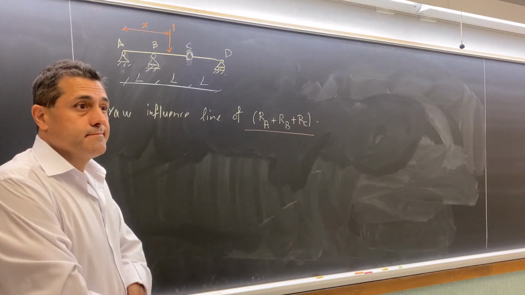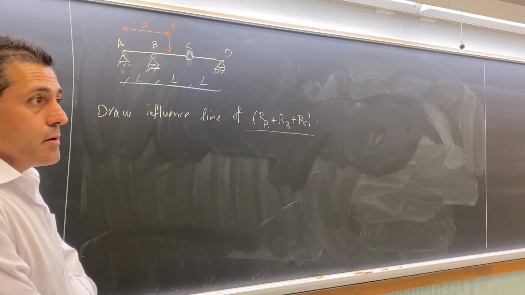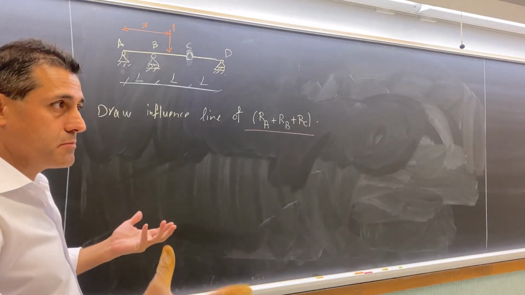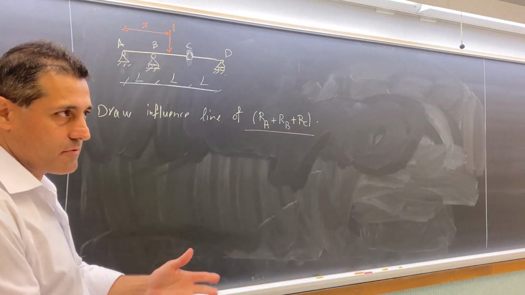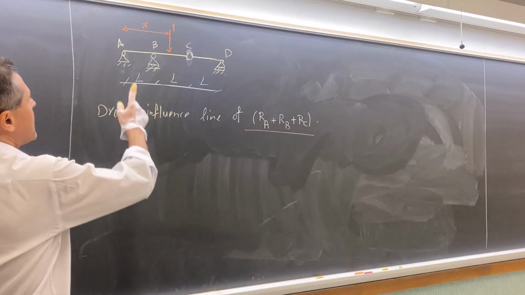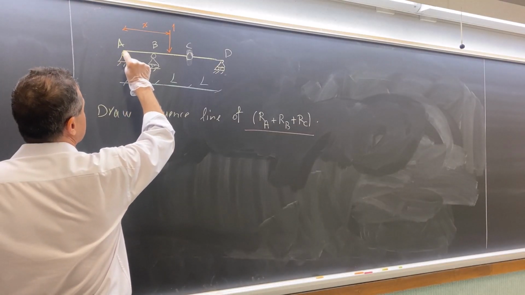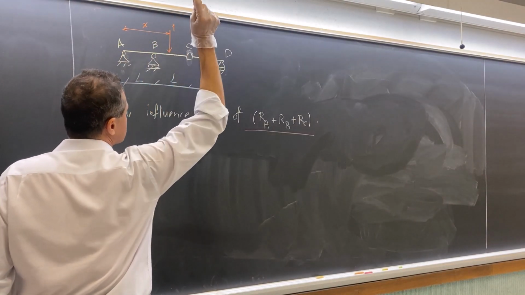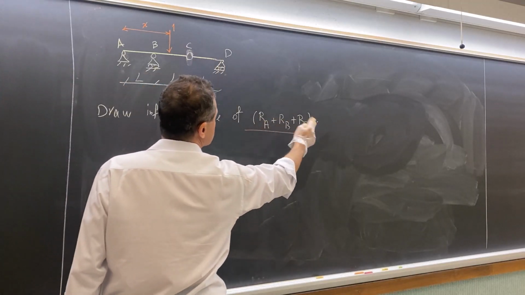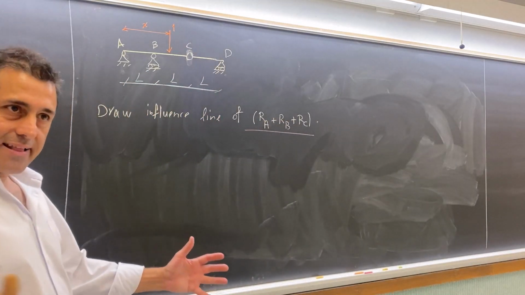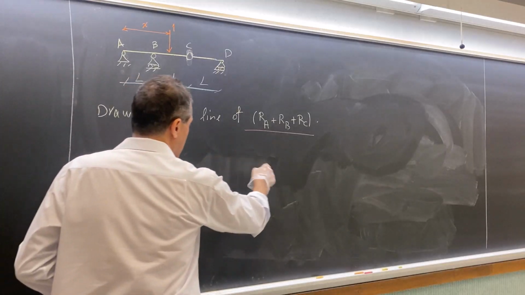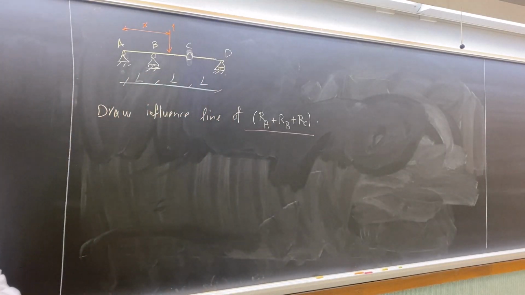So how? If you use the tabulated method, which we have been practicing so far, you need to place the unit load at point A, at point B, at point C, at point D, and then you need to find these 3, add them together, and then connect those points together with a straight line, which is time consuming, right?